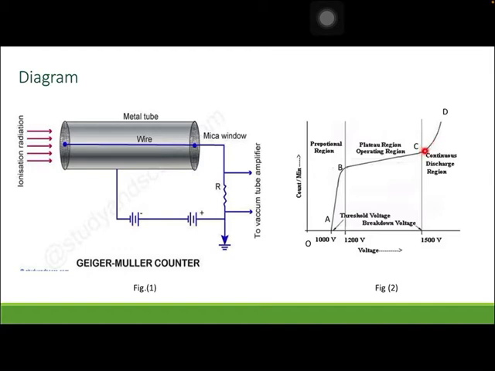So we have to avoid this, and if you don't avoid it, damage is caused to the GM tube or GM counter. Therefore we have to take the reading only up to this point C; whenever it starts increasing rapidly, we stop taking the readings. So this graph gives you the plateau characteristics of the GM counter.